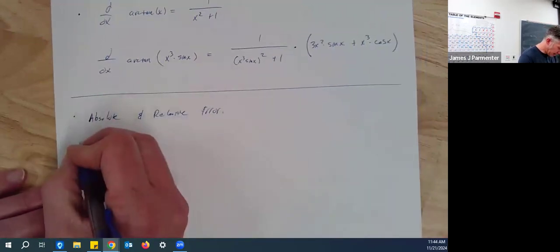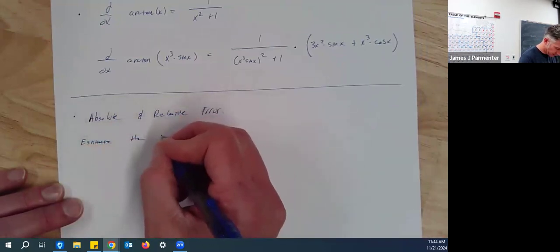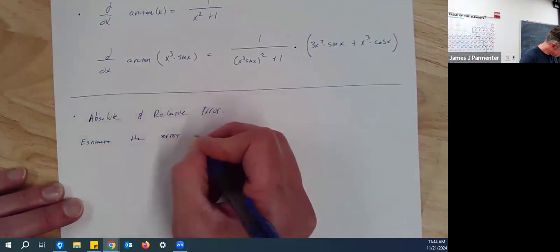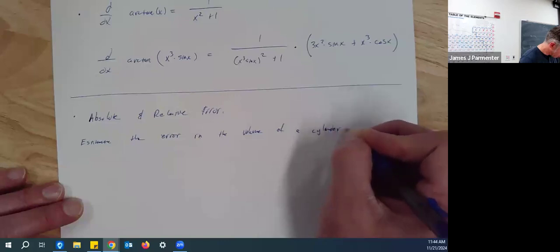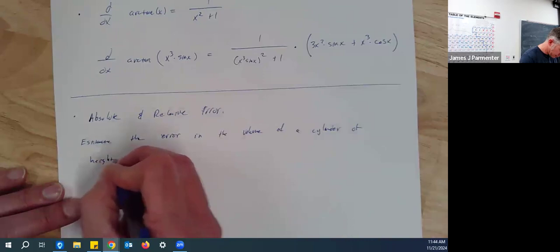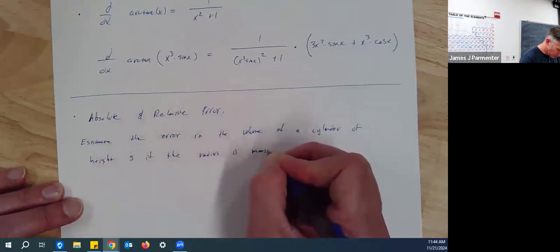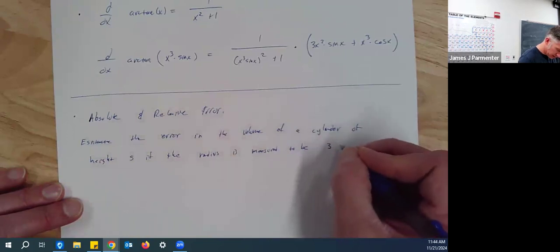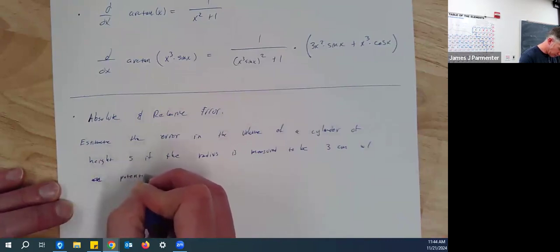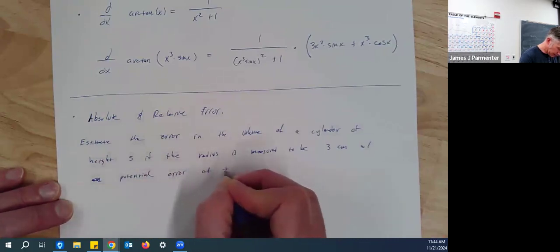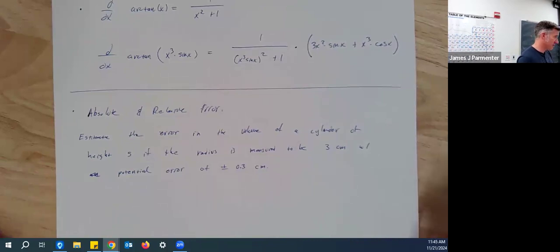If you want to estimate the error in the volume of a cylinder of height 5 if the radius is measured to be 3 centimeters with a potential error of plus or minus 0.3 centimeters. Kind of a big error, right? Like 10% error, that's not small.